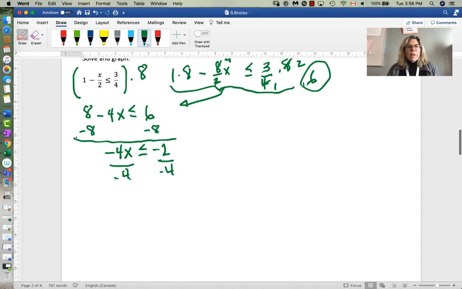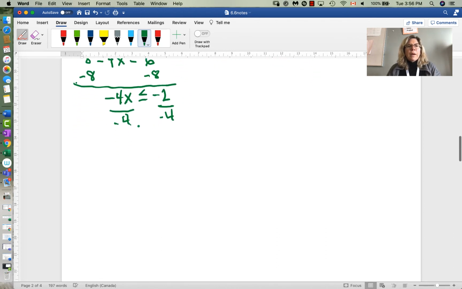And so then we have these go away, and this becomes 1/2. But what happens to this right here? This becomes greater than or equal to, because we have multiplied by a negative number. So this is x, and this is 1/2.